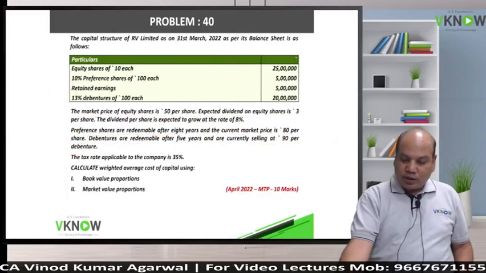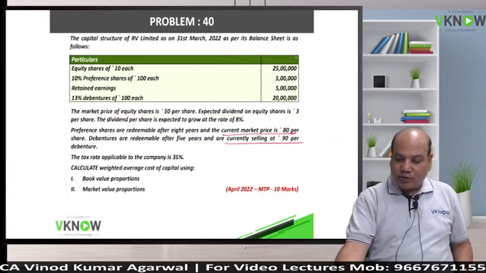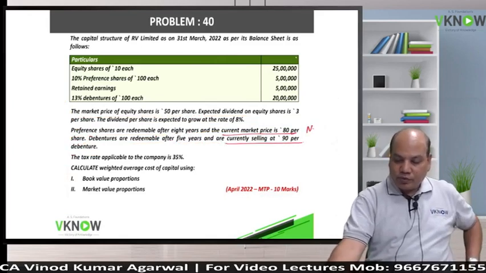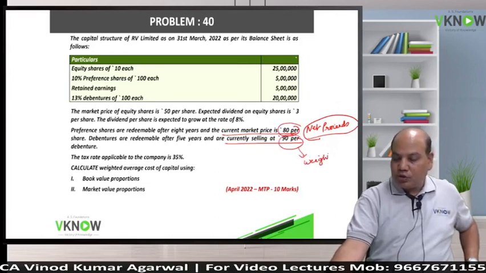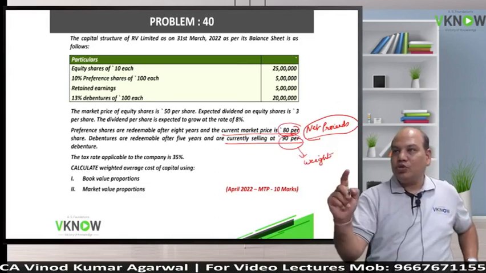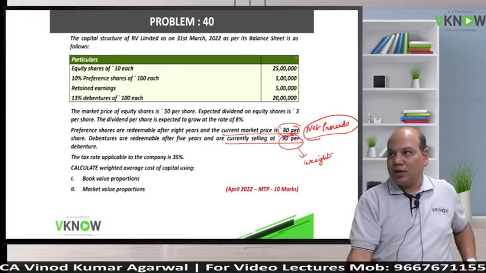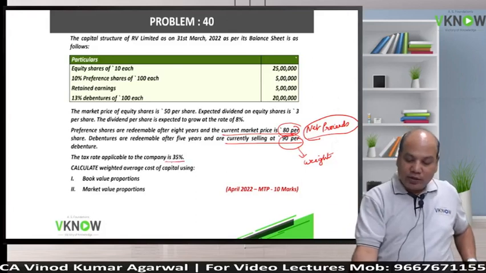So current price of debenture and current price of preference share will be used in place of net proceed in the formula, and will also be used for calculation of weights based on market value. Tax rate is 35%. This I will require for debenture.